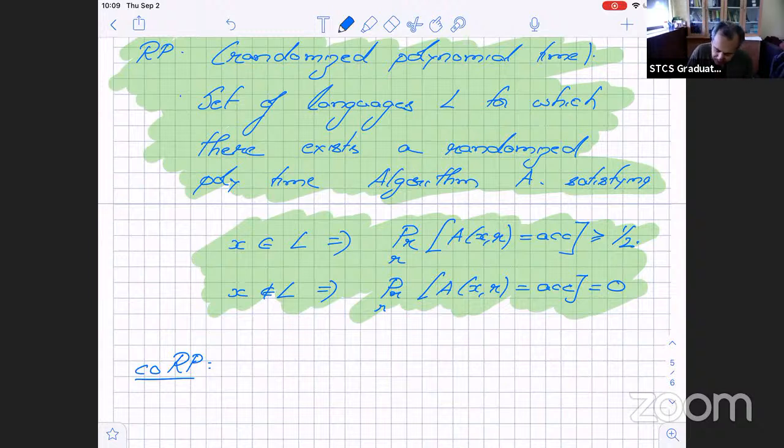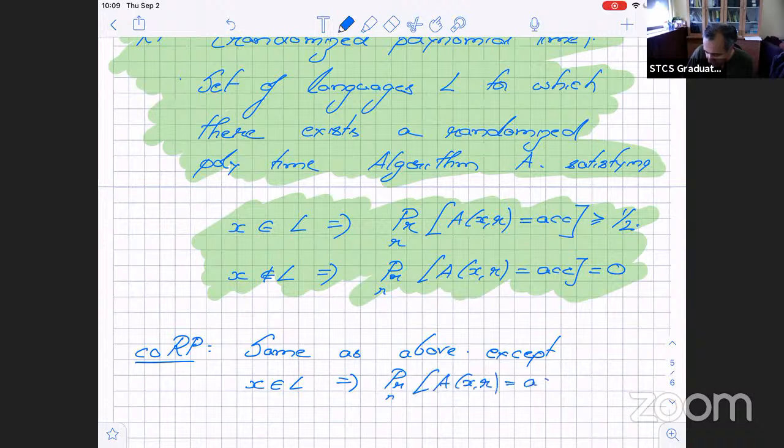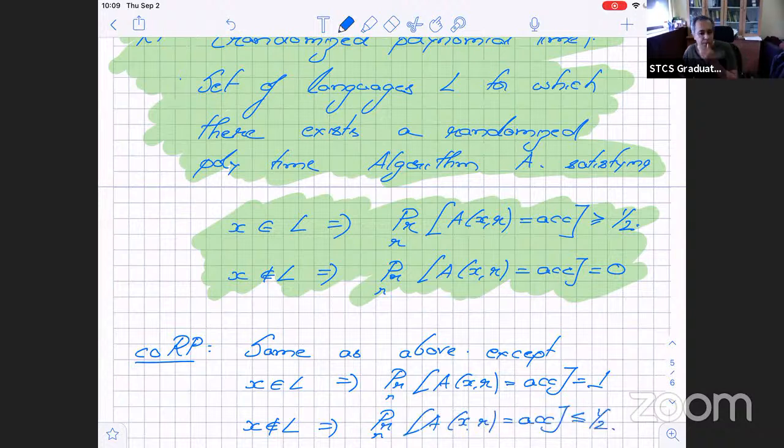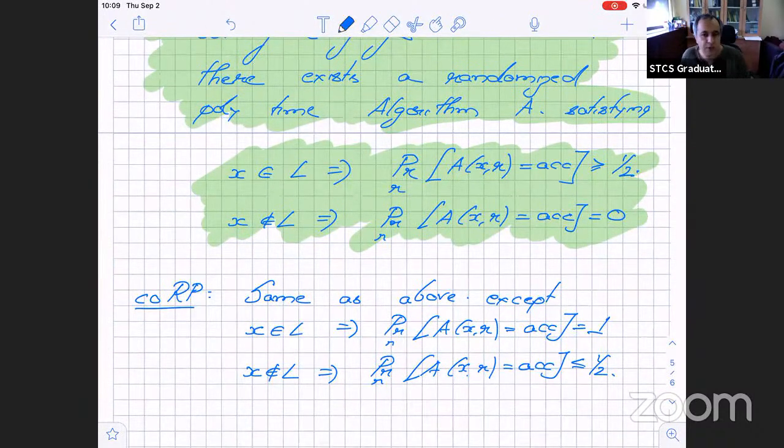That is, co-RP is the same as above, except that if X is in L, then the probability of acceptance is 1, it always accepts. If X is not in L, then the probability of acceptance is less than or equal to half. Okay, it's just a complement of the previous thing.